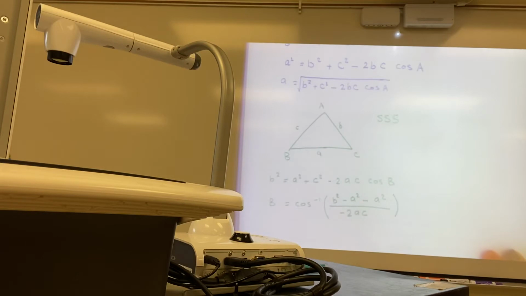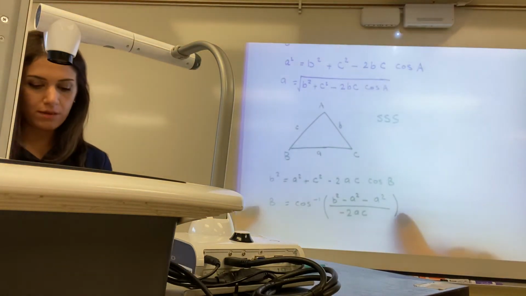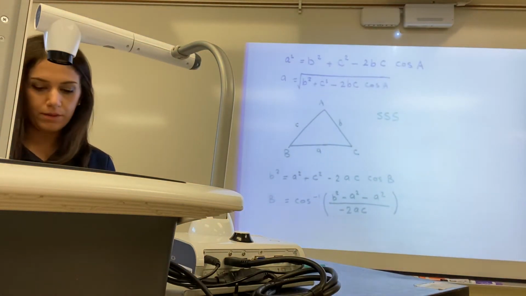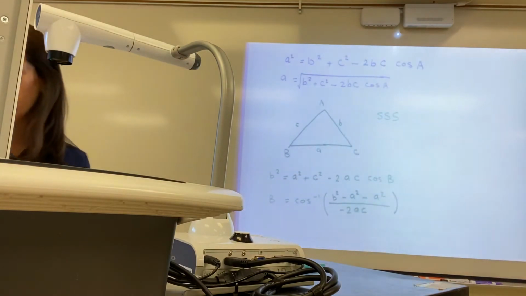This is not something new, I got it from the same law of cosines.